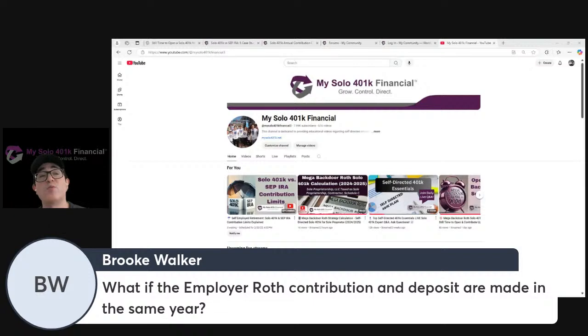But for our customers, it really wasn't a big change because they already had the ability to make mega backdoor Roth contributions. So for those customers that are trying to maximize the funds going into a Roth account, they're going to be able to more quickly make contributions to that Roth account, kind of like our discussion around solo 401k versus SEP IRA, because that employer contribution limit is a percentage.